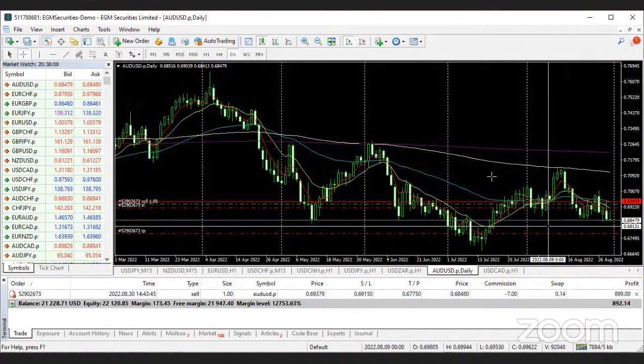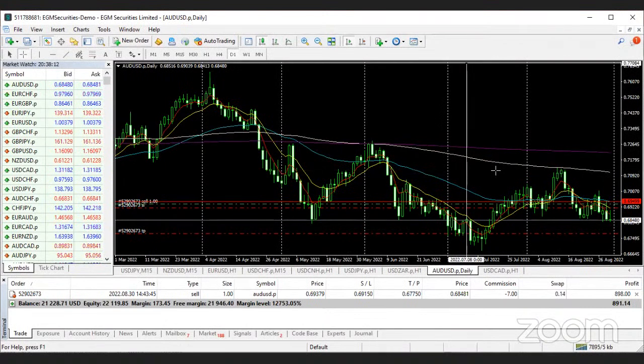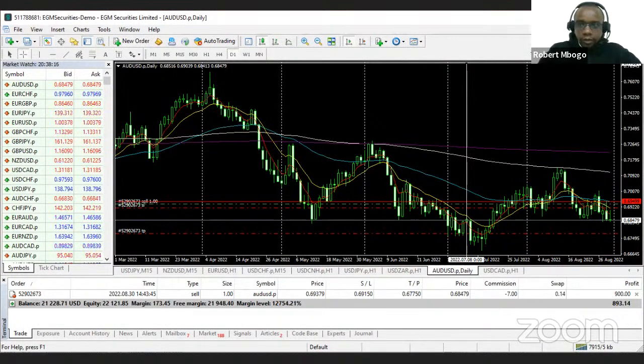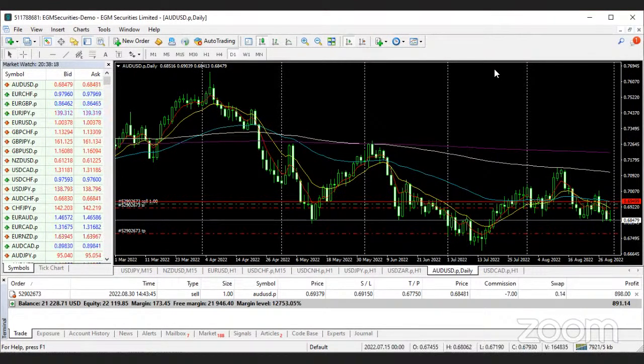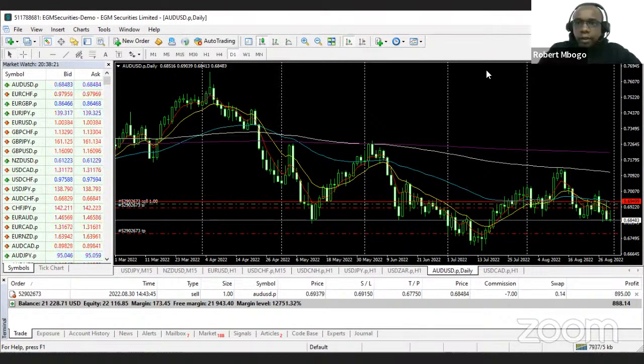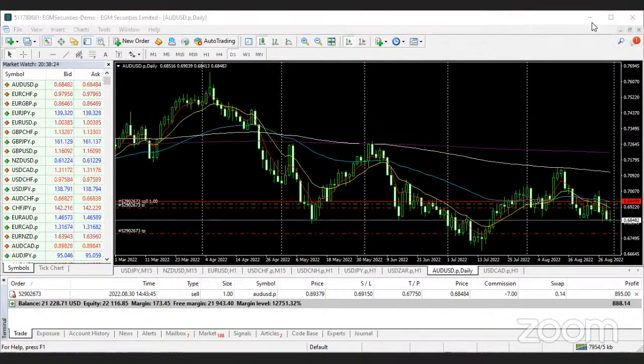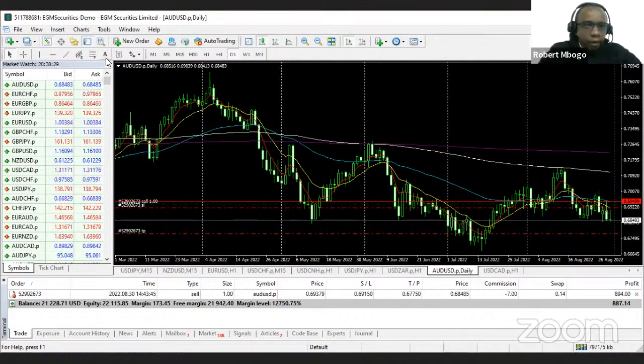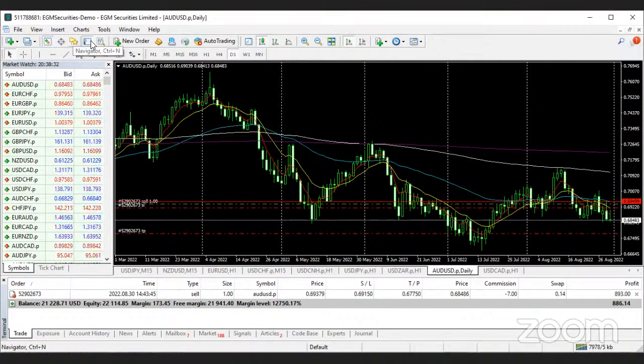Would you be in a position to maximize the chart? Yeah, so a bit. My screen is just small. Or just try to magnify and push it to the left a bit. Yeah.